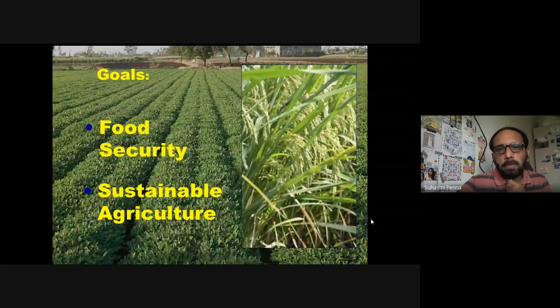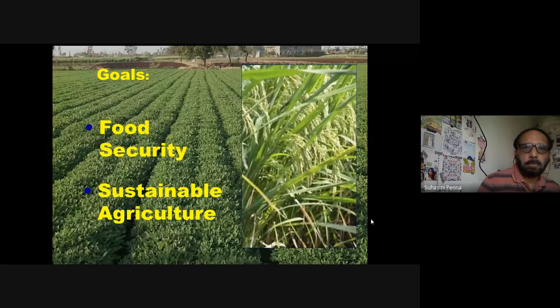When we look from the prehistoric time before 10,000 BC to the present time, the same goals persist. The magnitude of the problems has increased over the years. Right now we have two problems: food security and how we can sustain our agriculture scenario.